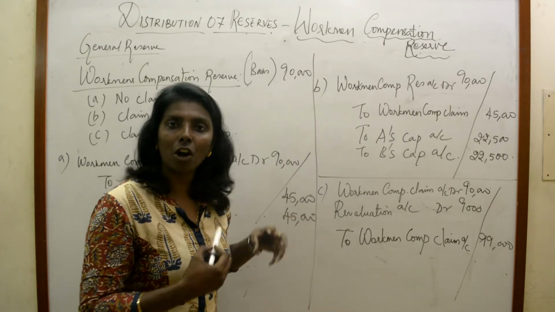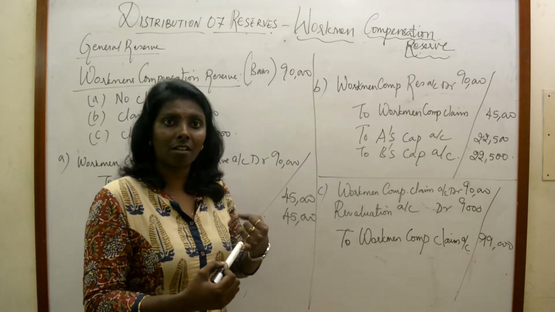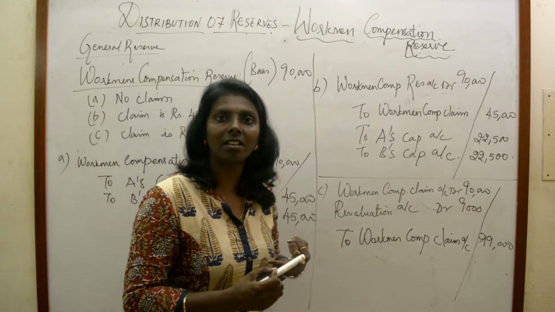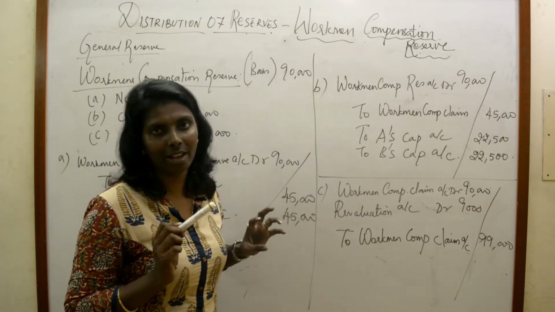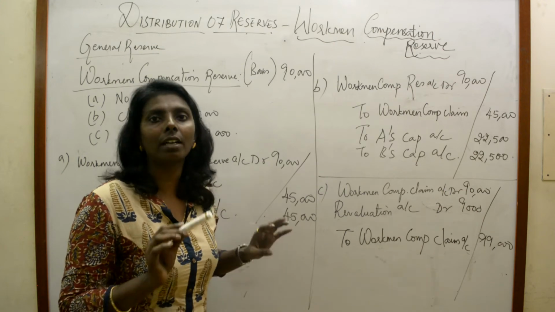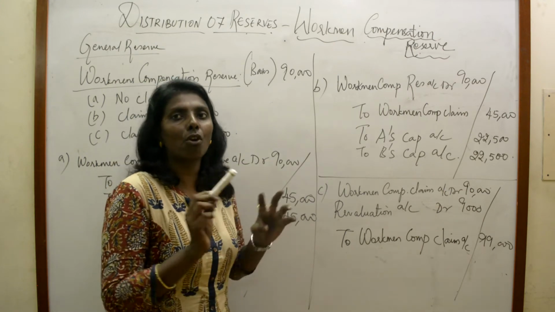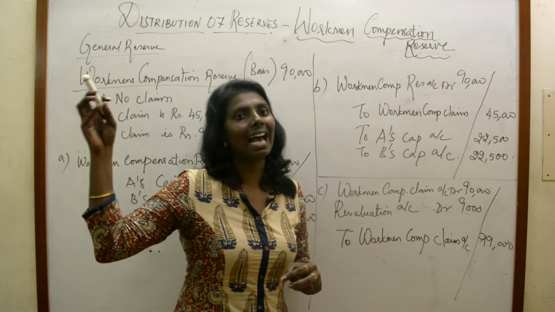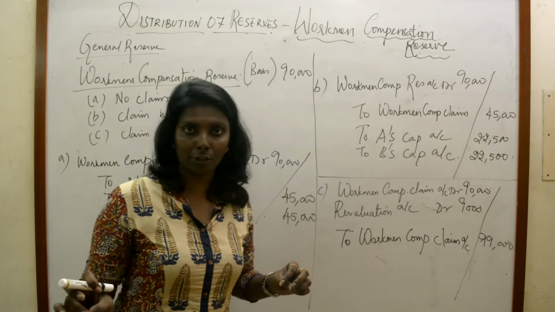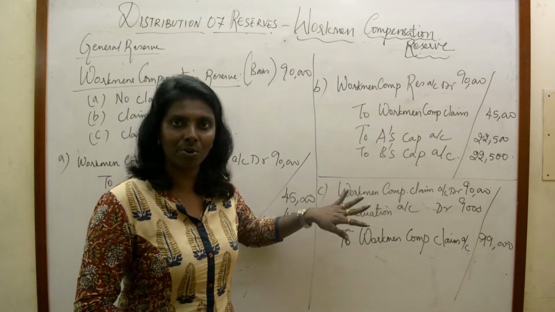I keep repeating this because, be it the revaluation account, or distributing general reserve or any other reserve, all this is done in the old ratio because it is divided among the old partners. So you don't need to get confused. It is only in one case, the new goodwill sacrificing ratio, that it plays a role. Otherwise, it's always the old ratio.